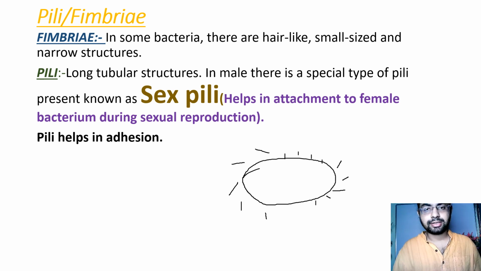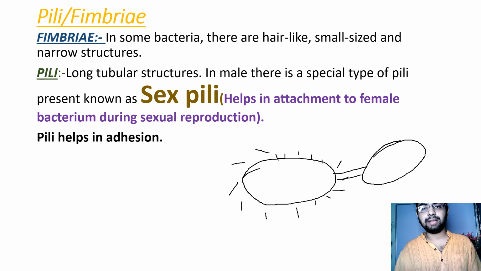So in some bacteria there are thread-like or hair-like small sized, narrow structures present, known as Fimbriae. Pili are long tubular structures. In male bacteria there is a special type of pili called sex pili. This helps in the attachment to the female bacterium for sexual reproduction. Pili help in adhesion.